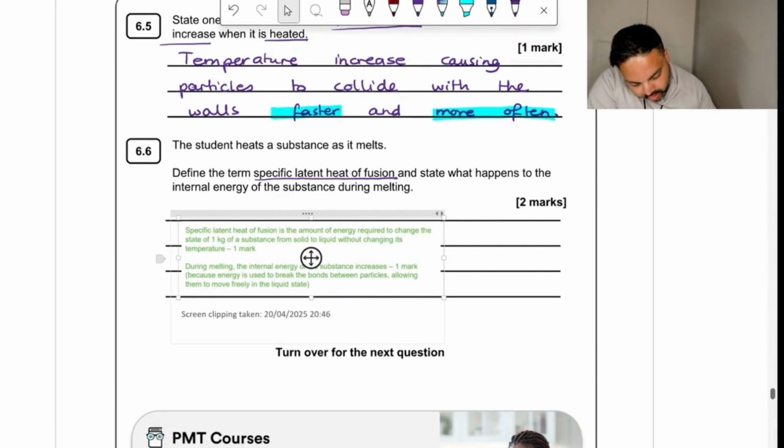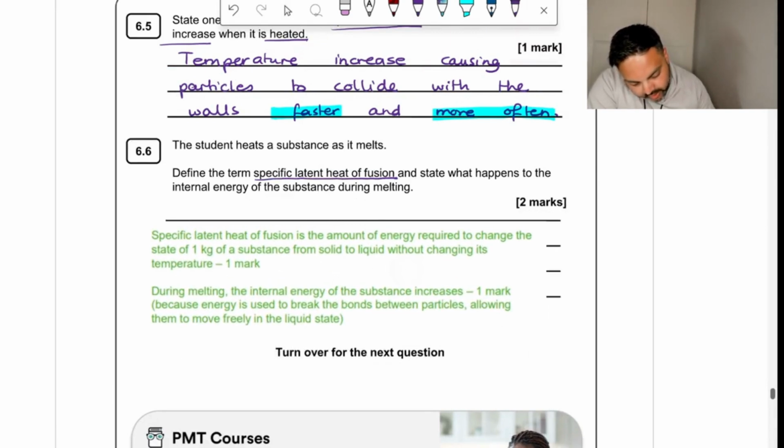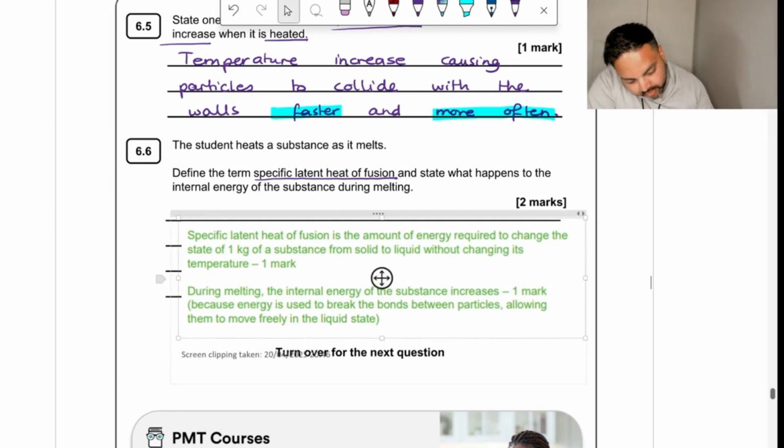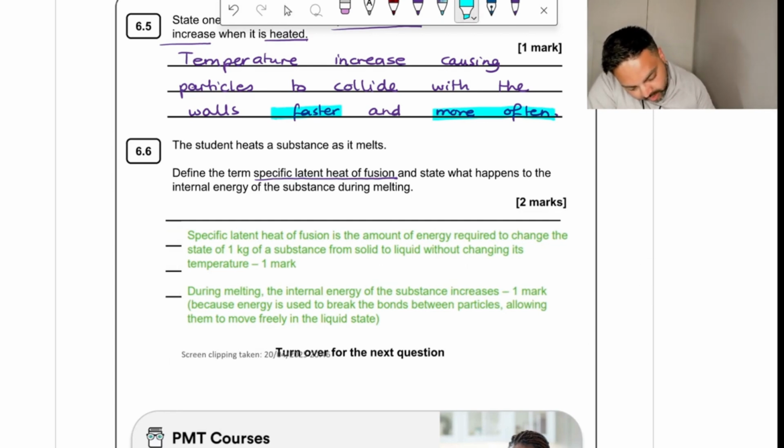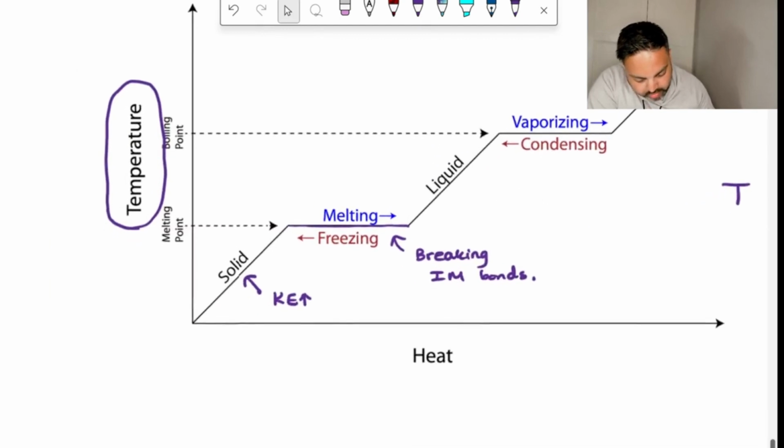Specific latent heat of fusion is the amount of energy required to change the state of 1 kilogram of substance without changing its temperature. That's really important. So this is why I had the graph here in the first place.